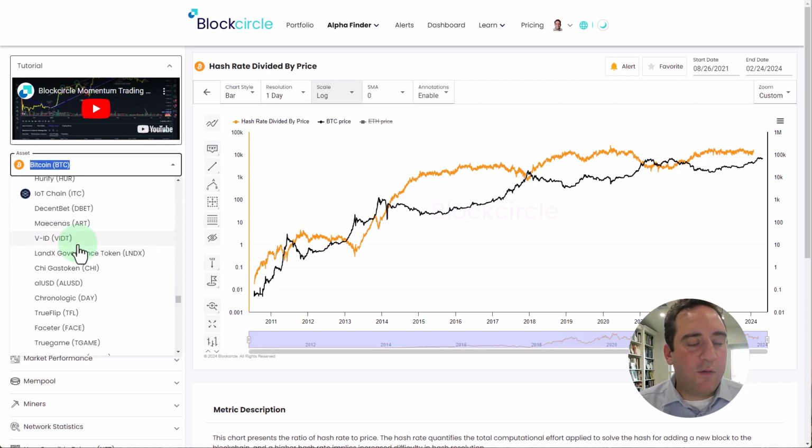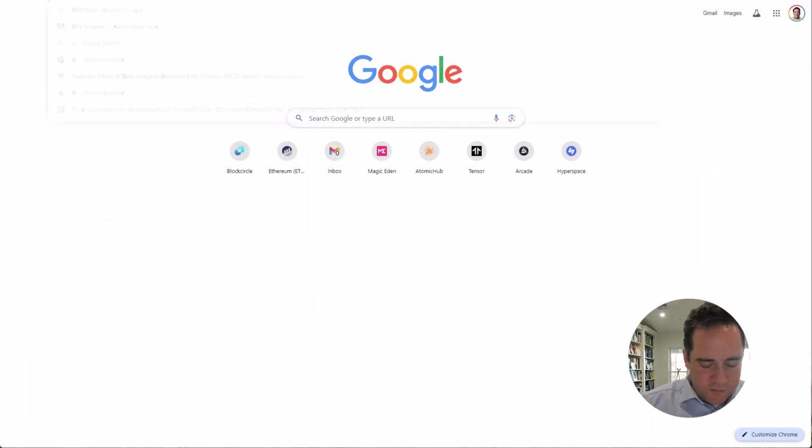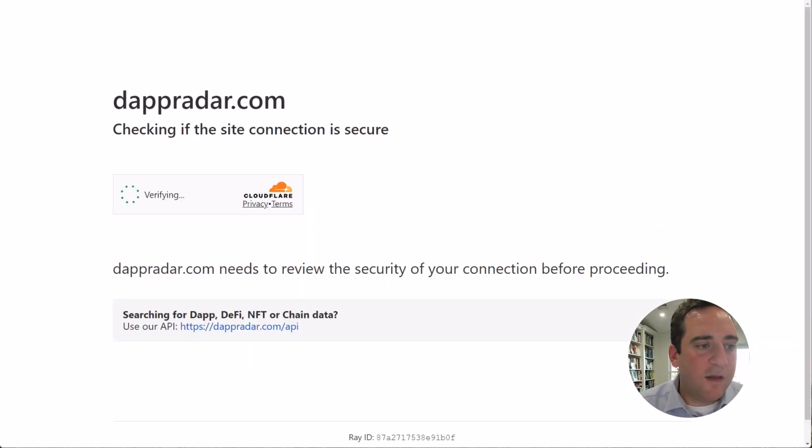So if you want to look at layer 2 statistics and different metrics to be able to research any type of breakout similar to this, you can do that just by clicking the actual asset. And then another thing I wanted to show was DappRadar.